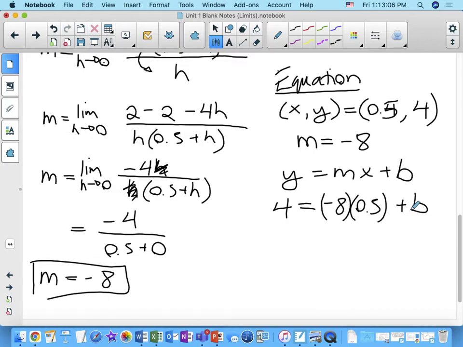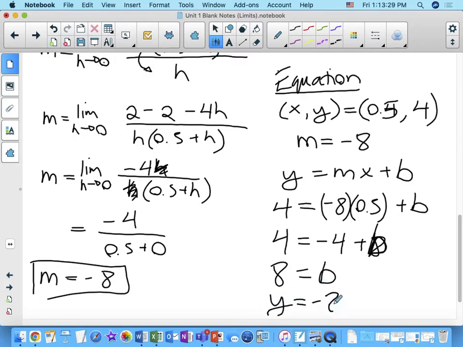And that should be 4 equals negative 4 plus b. b is 8. I'm two steps ahead of myself. So b is 8. Okay, so the entire equation is going to be y equals negative 8x plus 8.